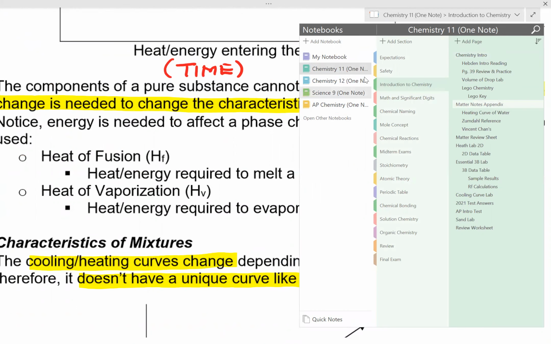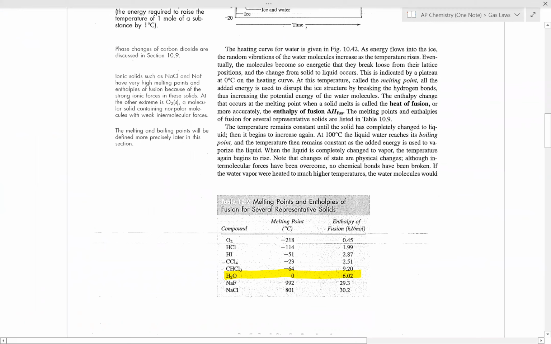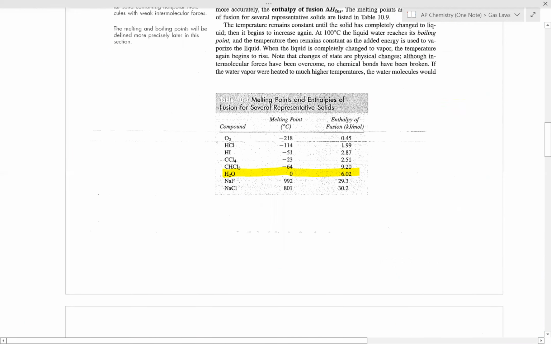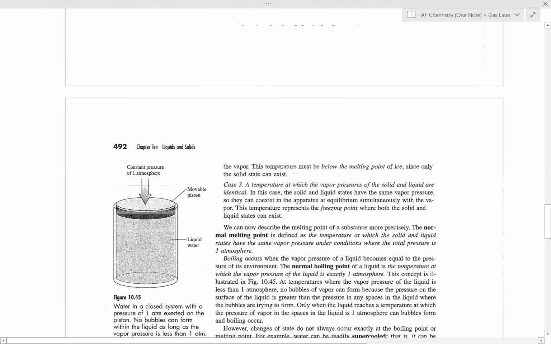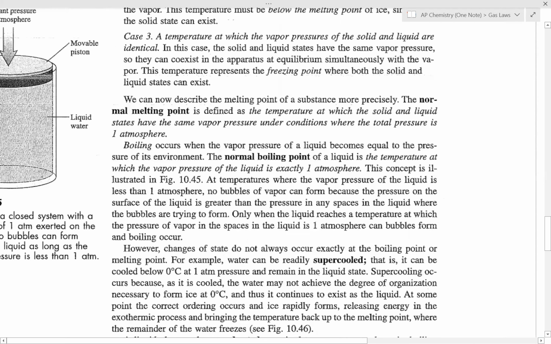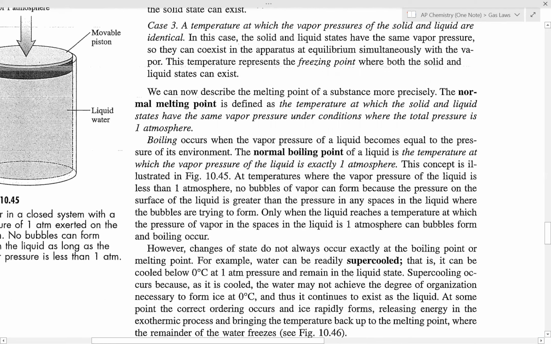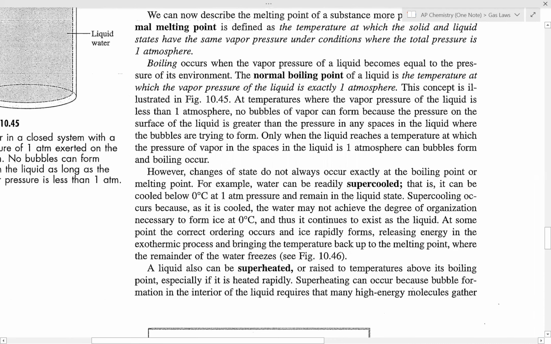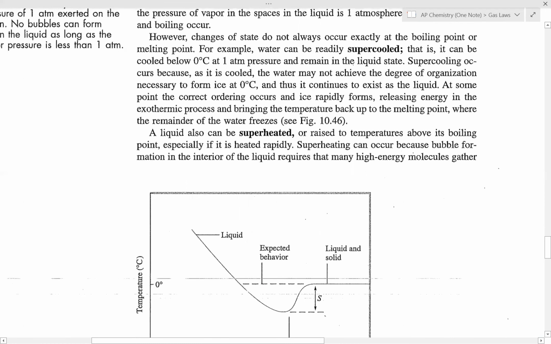Okay, so if you take a look on pages 490 and 491, they do talk about this heat of fusion or enthalpy of fusion. Also, if you scroll down to page 492, they expand a little bit more on some of the vocabulary terms, like normal boiling point or normal melting point. And they touch upon the idea of what is supercooled or superheated.